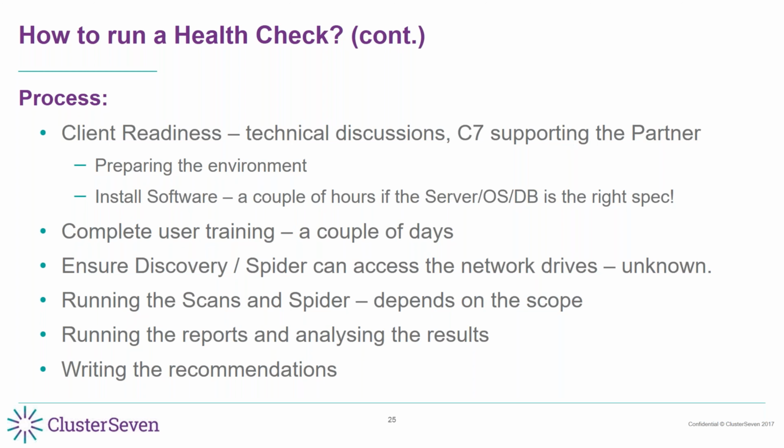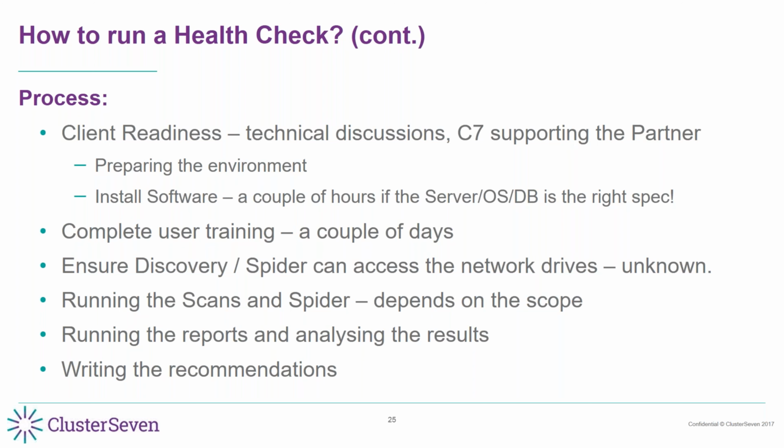In running the scan, the light scan itself is very quick. It'll run in a couple of hours and we'll pick up hundreds of thousands, millions of files. And clearly, the bigger the network, the longer the scan will run. The deep scan is more sensitive, bearing in mind it's now doing a risk check on every cell in every Excel file.